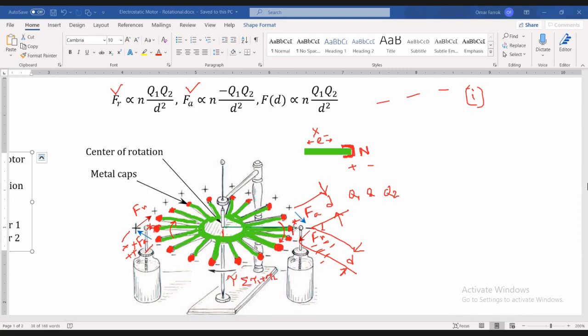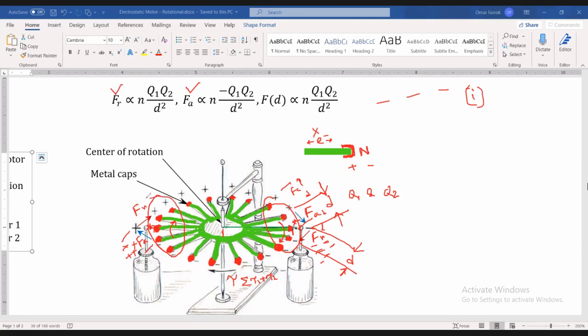And not only that, there are some other issues. At the same time, between this electrode and that end cap, there is another distance d, and another FA would occur here, and this is not limited to only this end cap, rather around the end caps, and similar for here.